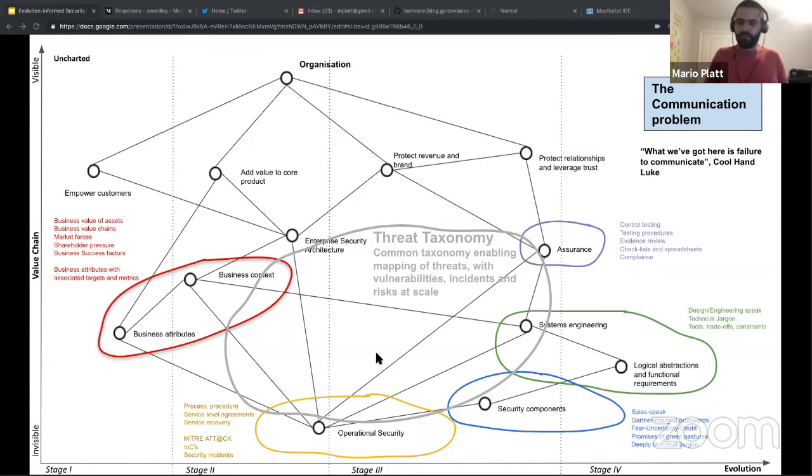With threats, you can always relate to vulnerabilities, etc. But I think there's an untapped potential if you just use threats like that, because I believe threats have the opportunity to bring together the different concerns in a simple line that can be understood by everyone. And if you adopt a common taxonomy that enables you to map those threats across vulnerabilities, incidents, and risks, and do this at scale, then it's much easier to have conversations.